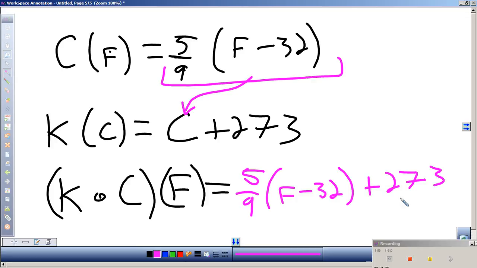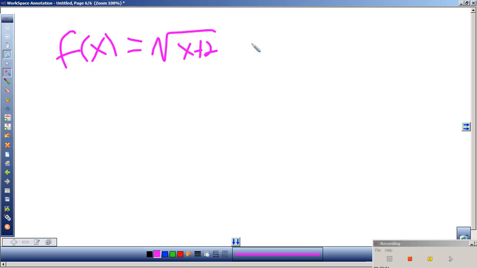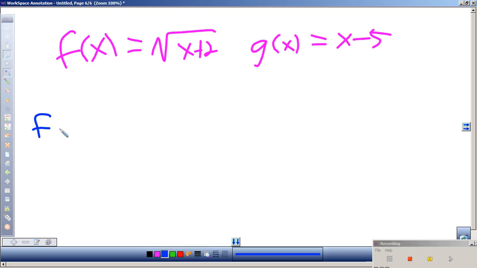So this homework should be fairly simple. Make sure you follow the instructions though, because a lot of them are asking what the domain of the function is going to be. Let's see if I do another one of these. f of x equals square root of x plus 2, g of x equals x minus 5. And I did f of g of x.